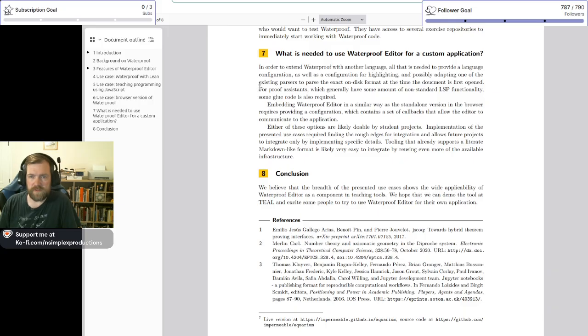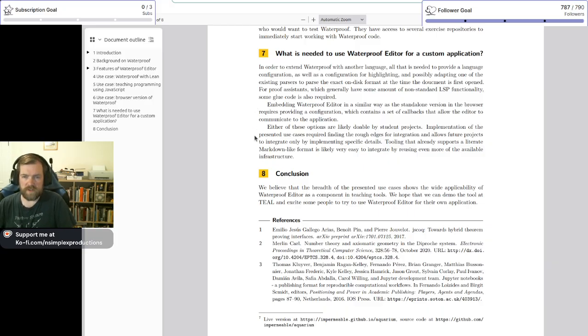For proof assistants, which generally have some amount of non-standard LSP functionality, some glue code is also required. Embedding Waterproof Editor in a similar way to the standalone version in the browser requires providing a configuration which contains a set of callbacks that allow the editor to communicate with the application. Either of these options are likely doable by student projects.